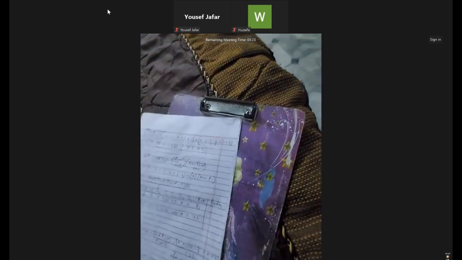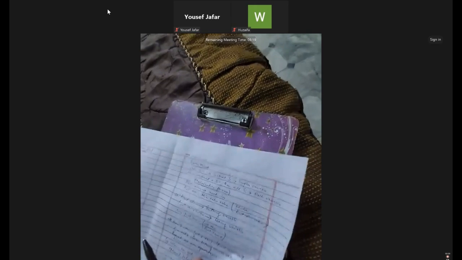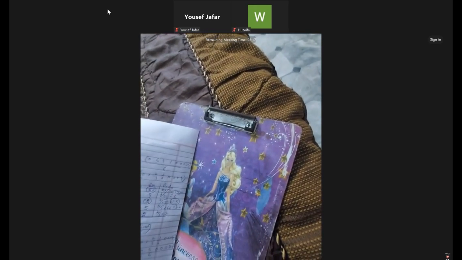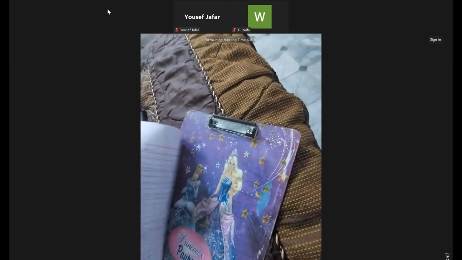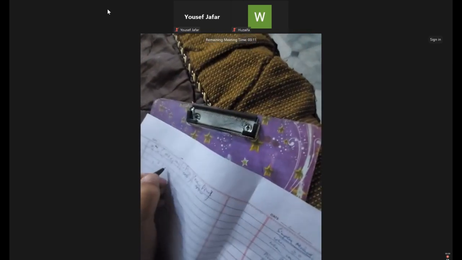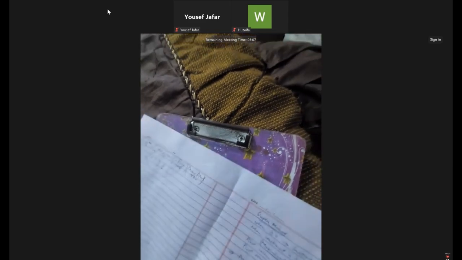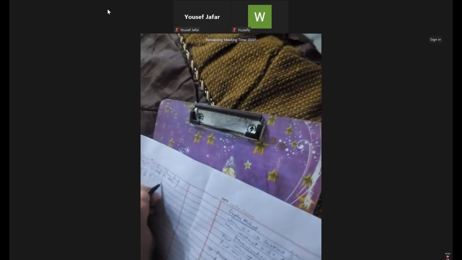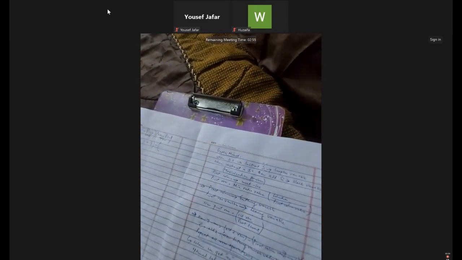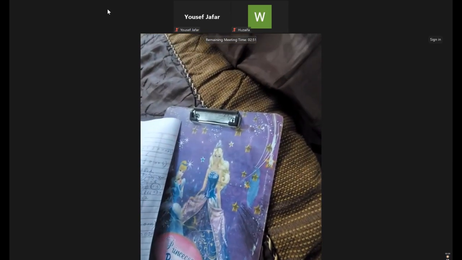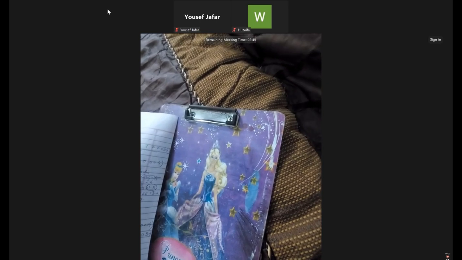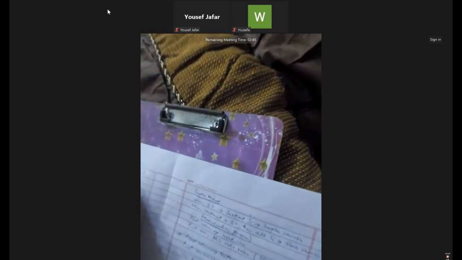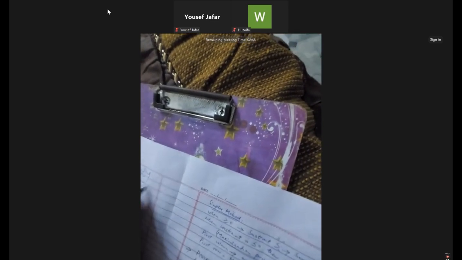Okay, so now we just write it: 0, 0, 1, 2 by 3, 1 over 6, 1 over 6, 0, 0, 0, and 4 minus the pivot coefficient, which over here is 2 by 3. So minus 2 by 3 into the new pivot row.